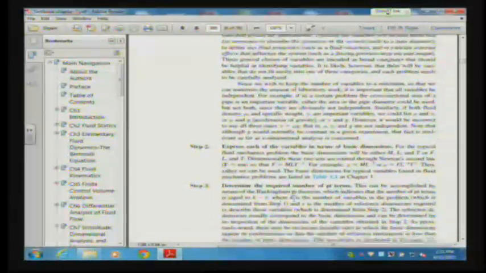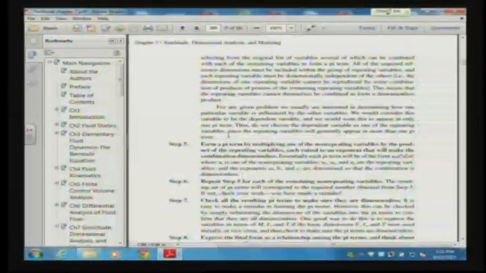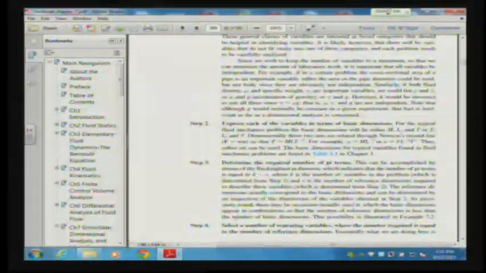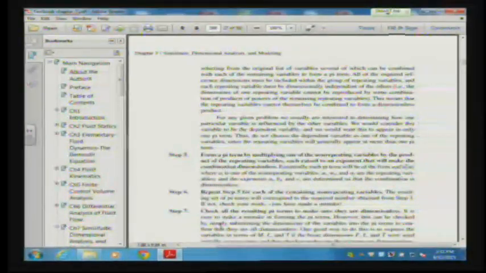That's k minus r. Number 4, select a number of repeating variables where the number required is equal to the number of reference dimensions. So if you have 3 reference dimensions, you are going to want 3 repeating variables. That's going to help you get rid of the dimensions, or make everything dimensionless.